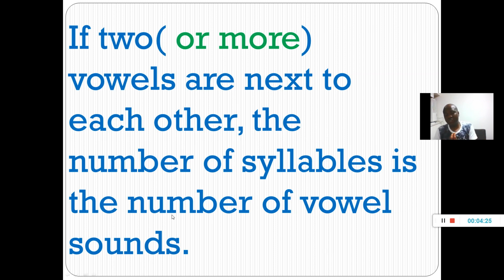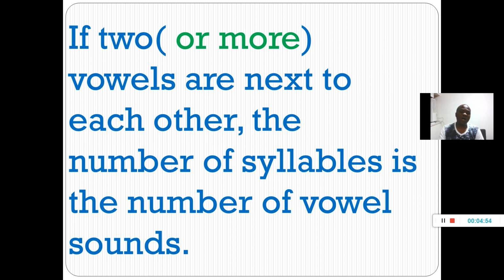In English, we say they blend together to form a single unit of sound, a new sound which is distinct from the former sounds. Therefore, we have two vowels, but it is still considered one sound. So the word meat is a one-syllable word, or we say it is a monosyllabic word.